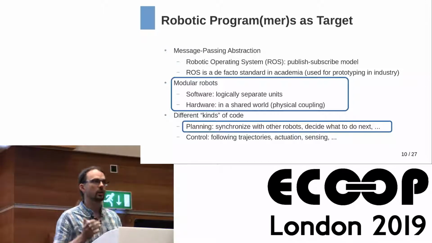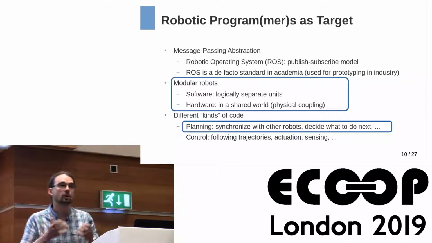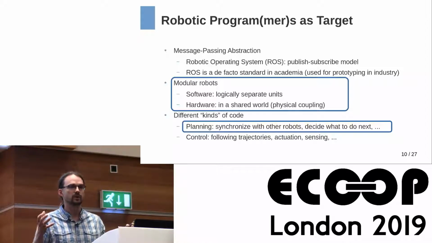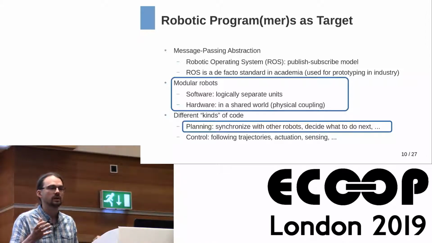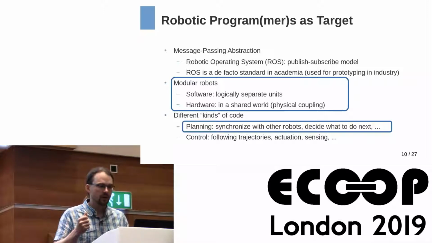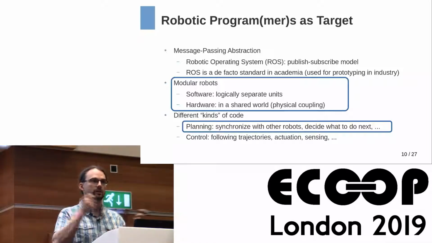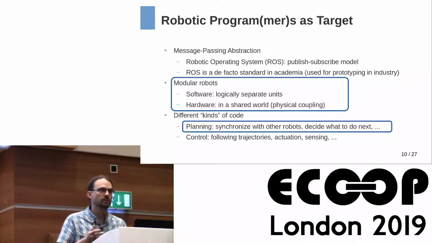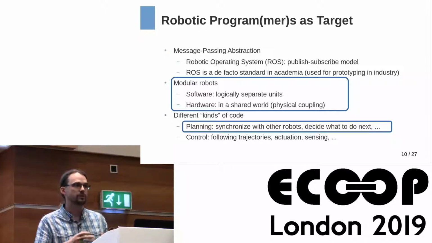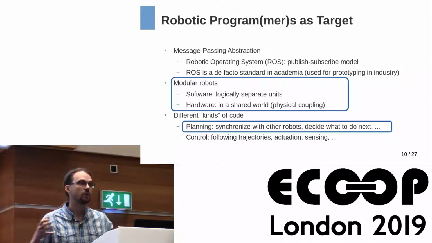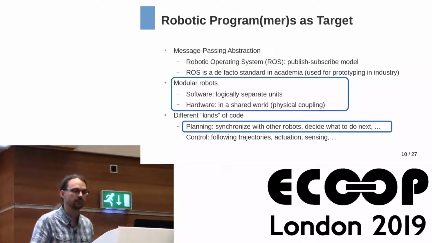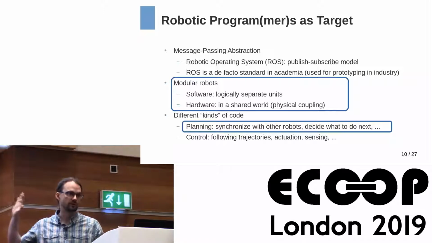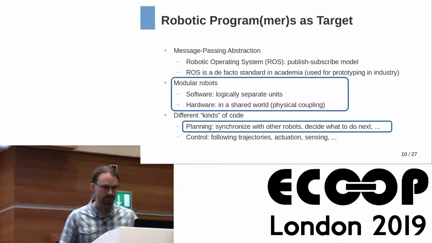In terms of code, there is a lot of different code in a robot, and here we are going to look mostly at what I would call planning: how do you communicate with the other robot, and how do you agree on what to do next? There is also a lot of other code which is more control-oriented: once you have agreed on what to do, how you actually do it, following trajectories, with a tight feedback loop with sensors and actuators. This is not the focus of this talk.